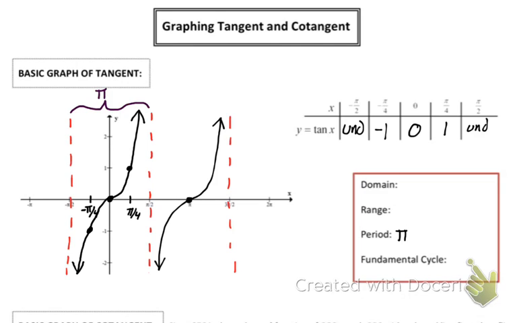Let's talk about domain really quick. Negative infinity to positive infinity. Close. So domain are x values, and it does go from negative infinity to infinity, except for here, here, here, here, here, here, here, here. So it's negative infinity to infinity, except for at a ton of different places.